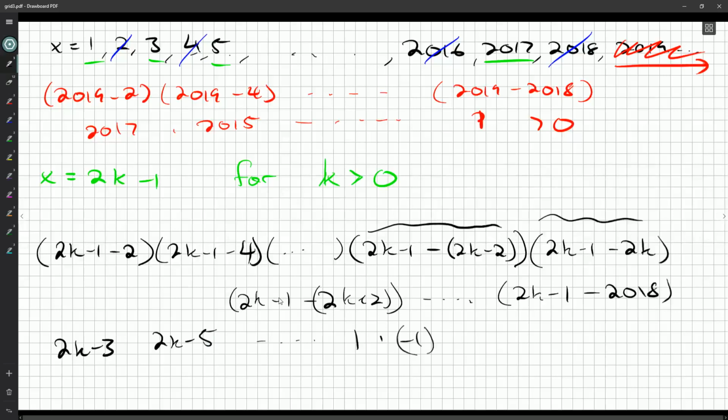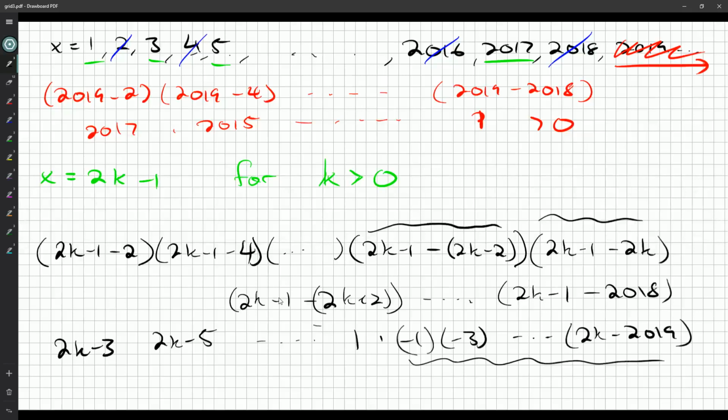And then all the way down, and then so then it'll be negative 3, all the way down to whatever 2k minus 2019 is. So, again, to figure out if this is negative, we need to know how many negative terms there are in my product.